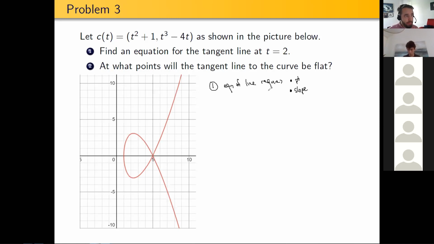First, I want to point out that this parametrized curve is flowing in this direction. I don't think that's actually vital to the problem, but it's worth pointing out. As time goes forward, notice our x-coordinate goes from a really large number down to, at time 0, 0 plus 1. So our x-coordinate goes from a large number down to 1, and then back up to another large number.